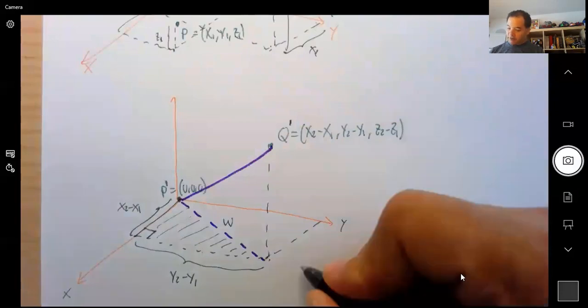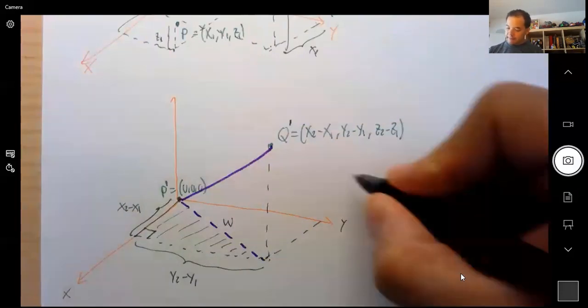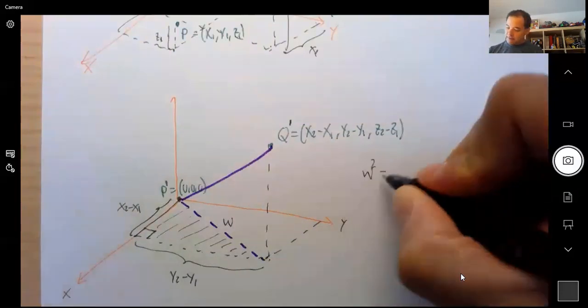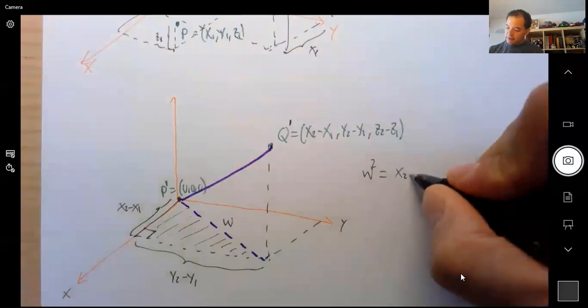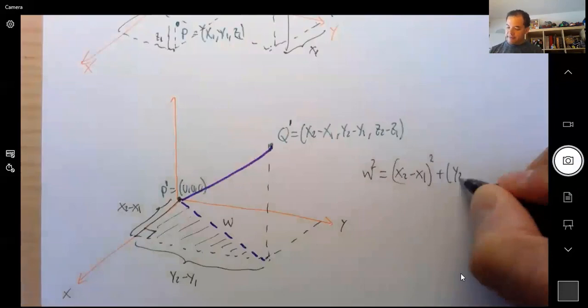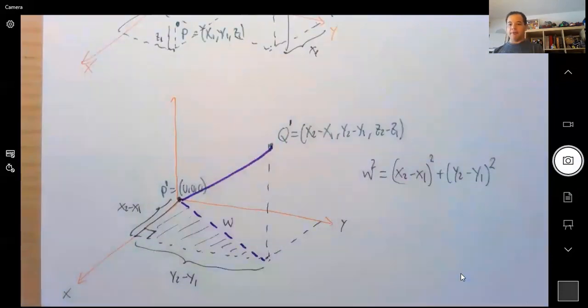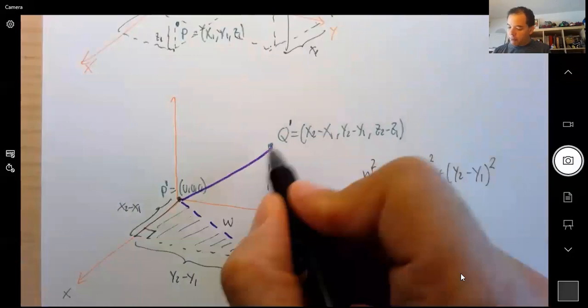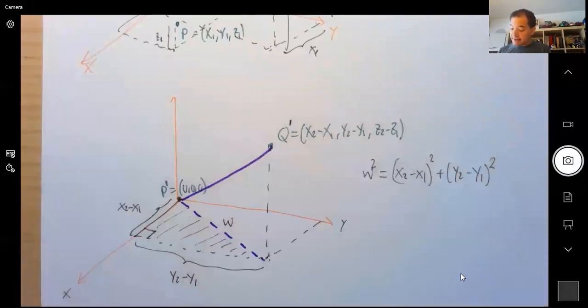So I know that W squared is x2 minus x1 squared plus y2 minus y1 squared, right? And I'm gonna leave it like that. I'm not gonna take the square root, because I wanna keep going. Now, the one I really want is the purple one, the distance we are looking for. Let me call that one D, for distance, because that's the one we want.